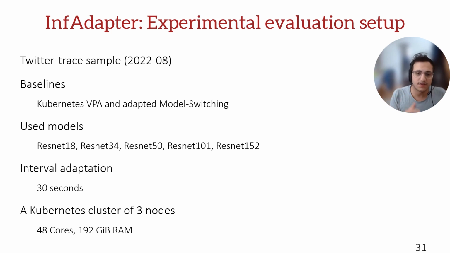The difference between InfAdapter and model switching plus, or adapted model switching, is that InfAdapter has a bag of model variants, but in model switching we only can change to one model type.